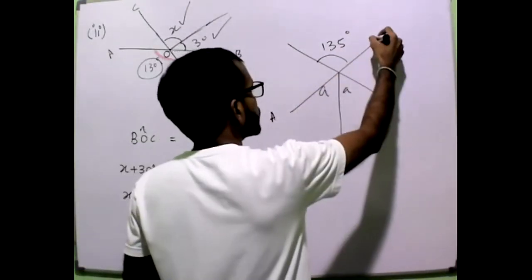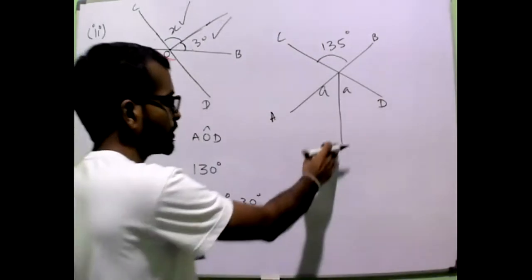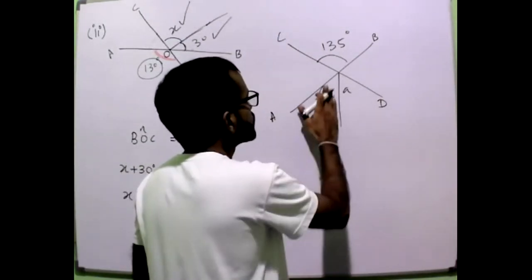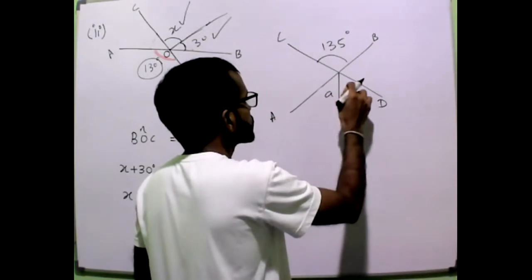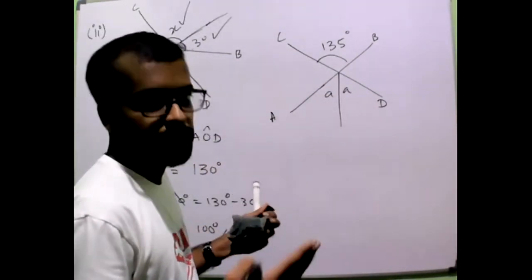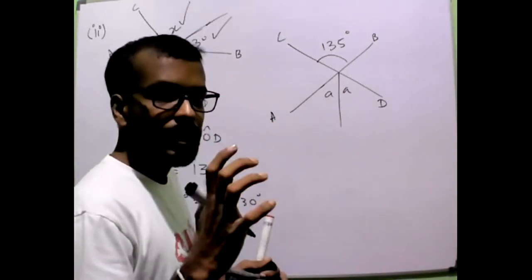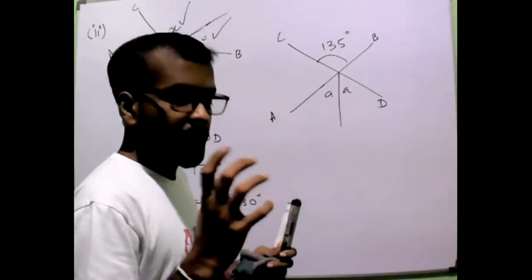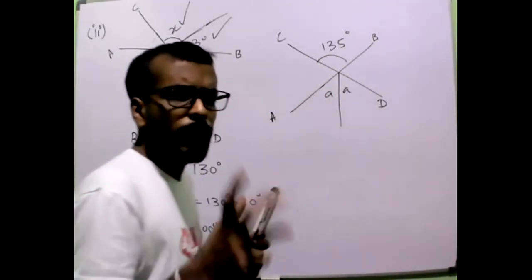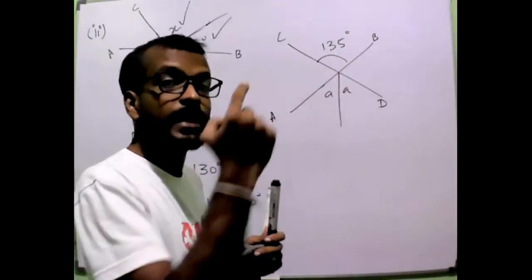So A, C and D. This is the same as the previous one. You need to identify the correct vertically opposite angles. The only magnitude you know is this 135, so you have to begin with that point.